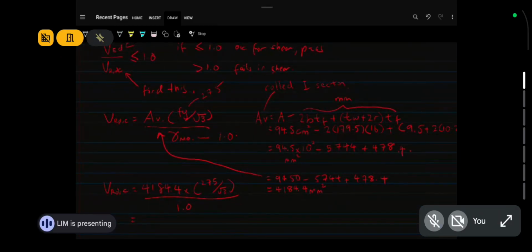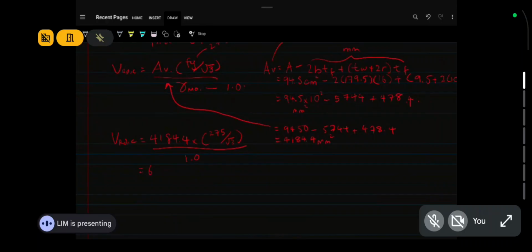So 275 divided by square root 3 brings us to 158.7, and then the whole thing divided by 1 brings us to 664,362.73 newtons, which is 664.36 kilonewtons. Okay, 664.36 kilonewtons is our VRDC.